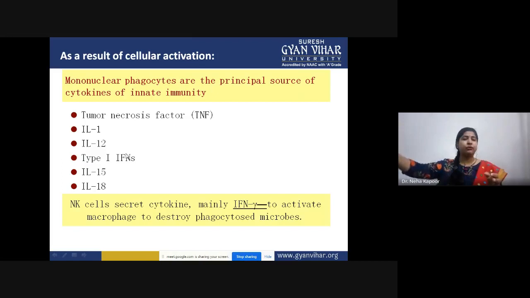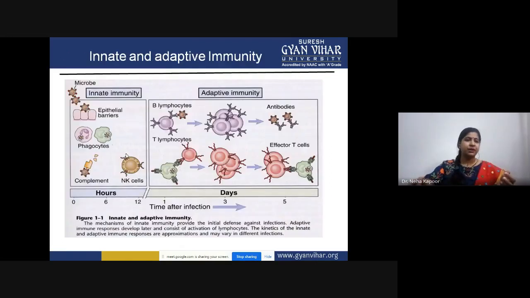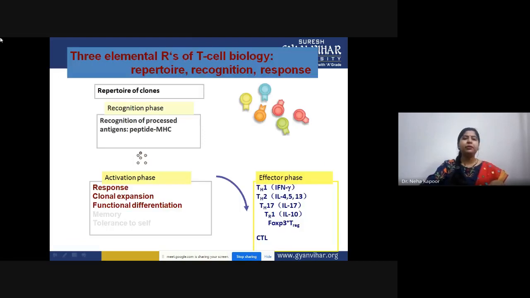However, natural killer cells, in response to virus infected cells or tumor cells, release interferon gamma, so that they can activate the macrophages and start the process of phagocytosis. So this was the innate and adaptive immunity. That is why they play a very important role.